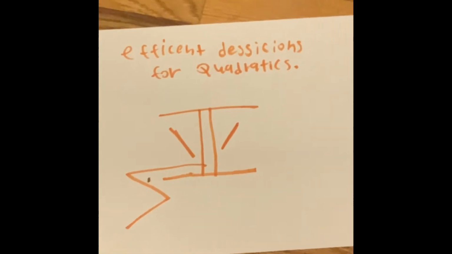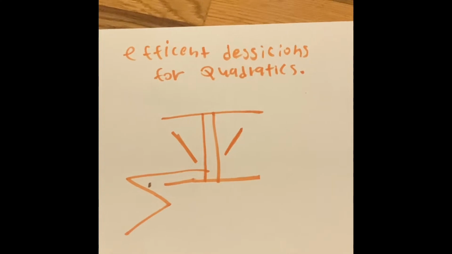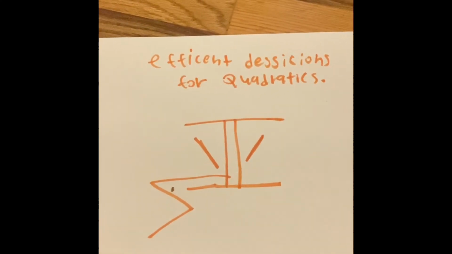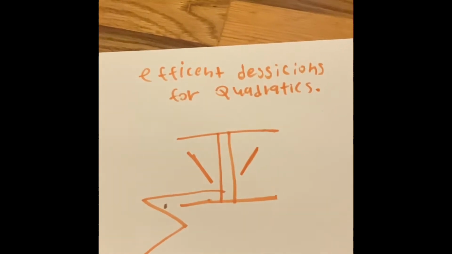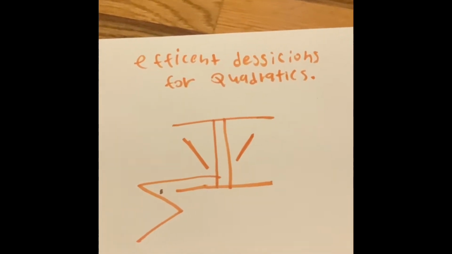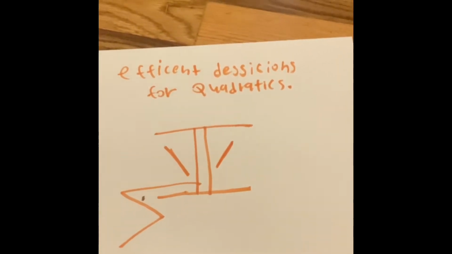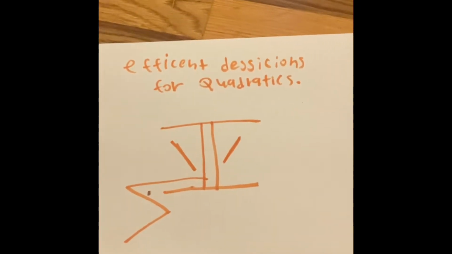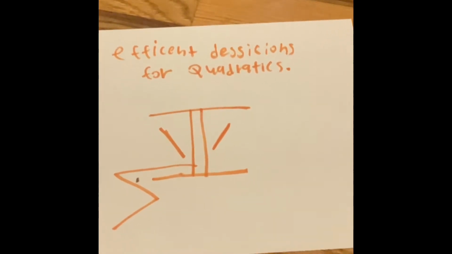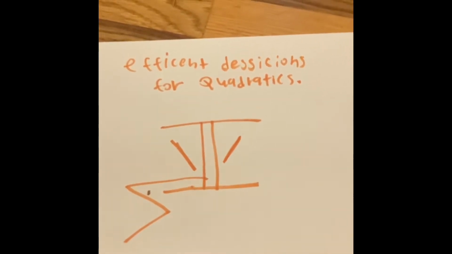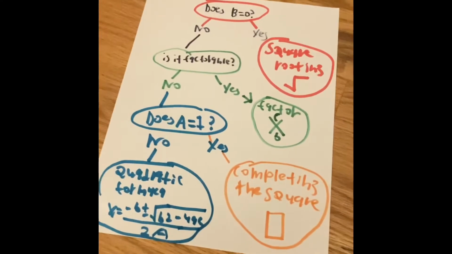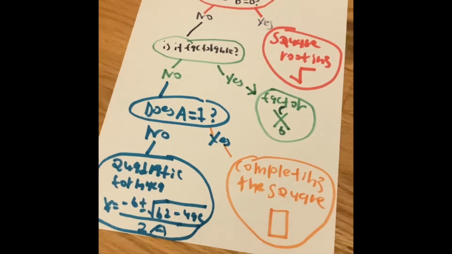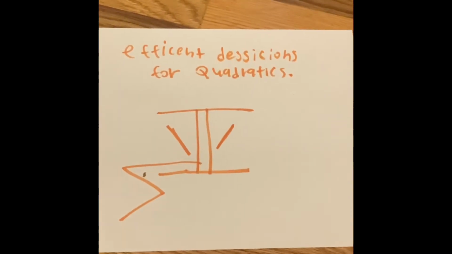But there's a fifth one that's not on here, and that is graphing, because a lot of the time when you're doing an exam for school or a math test or any kind of assignment, sometimes your math teacher will not give you any graph paper, or sometimes graphing isn't always the best decision. So we're going to be using some common sense to decide what the most efficient strategy is for certain scenarios. So let's get started.